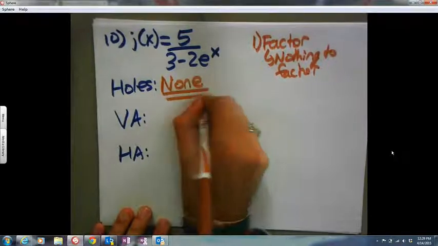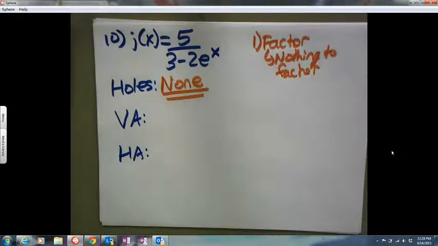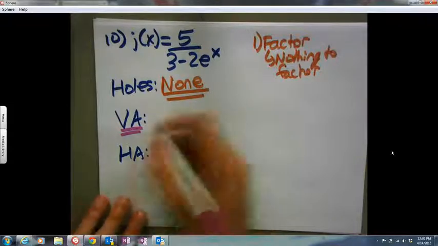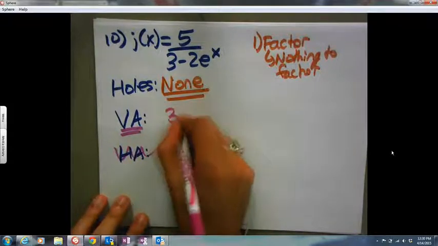Stop me with questions. Take VA next. You guys know the rules about how to find the vertical asymptote. Look back at the previous notes if you need some support on that.